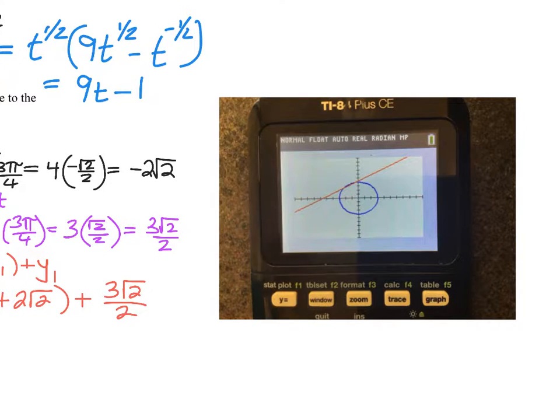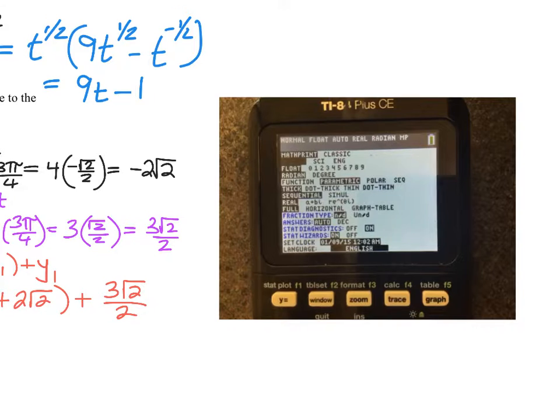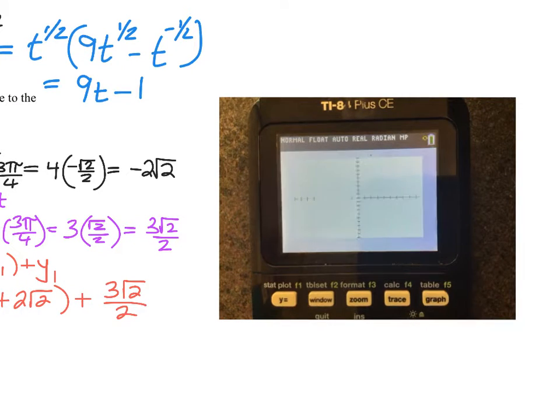So one setting that I recommend, if you go into your mode menu, and again, all the calculators have this setting, you have a choice between sequential and simultaneous. Put it on simultaneous, because if you have multiple equations in your y equals, it'll graph them at the same time instead of waiting for one to finish before it starts the next one. So then you try it again, and you can see that it's working on them both simultaneously.